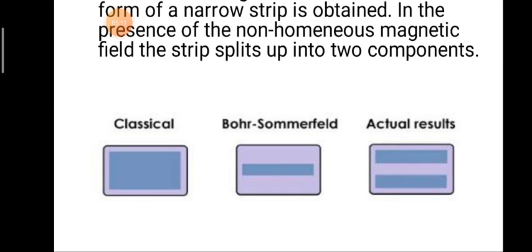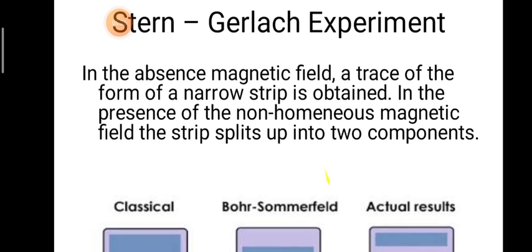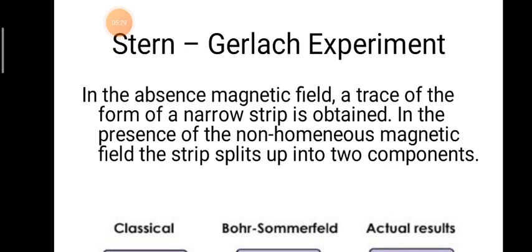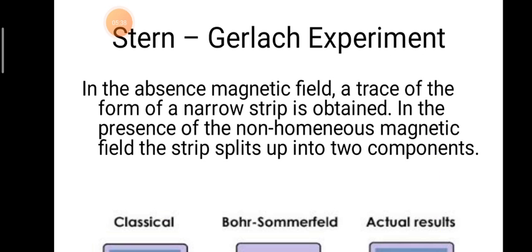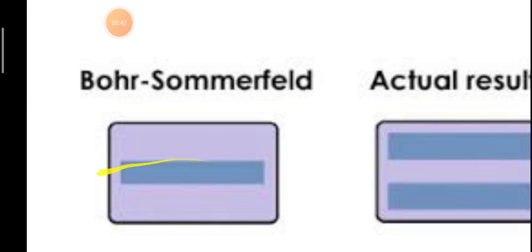When we switch on the electromagnet, the non-homogeneous magnetic field comes into presence in the setup, and when the silver atoms are allowed to pass through this non-homogeneous magnetic field, according to the vector atom model, if the atom has space quantization, or if the electrons of the atom have spin, then there will be a quantized, fixed displacement in the position of the atoms.